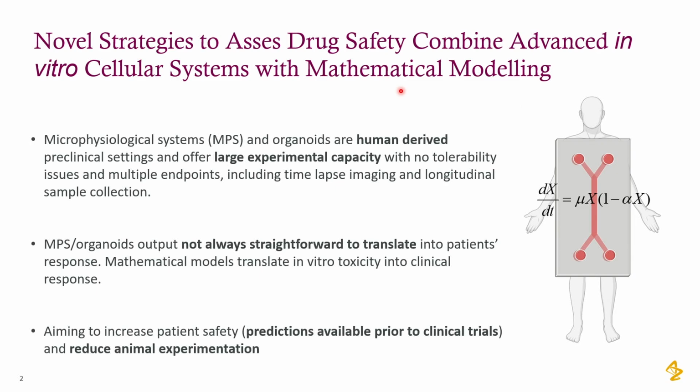One of the issues they may have is that the output of an MPS system is not straightforward to understand or to translate into patients' responses. And that is where mathematical modeling can help. We can help with the translation from an output that is not easy to interpret in a clinical context into a clinical response.